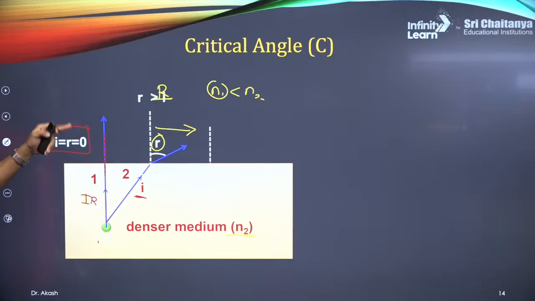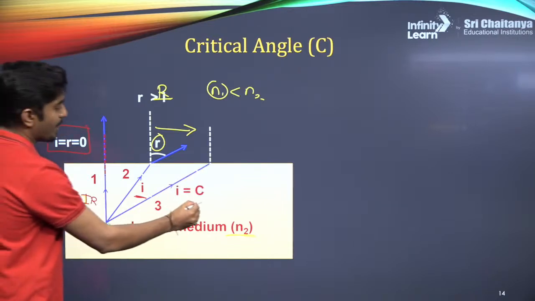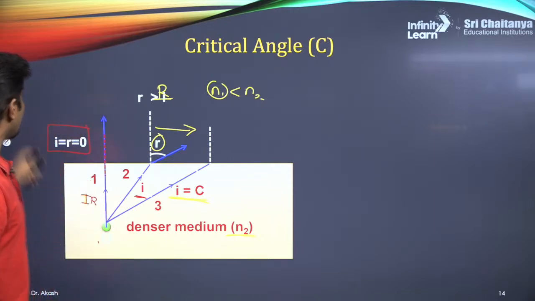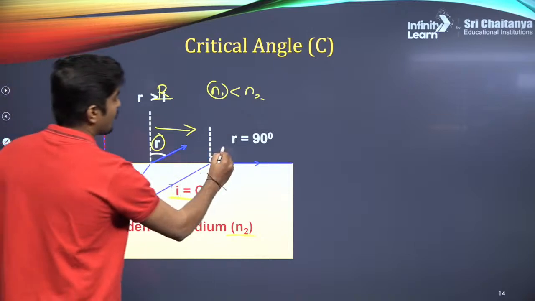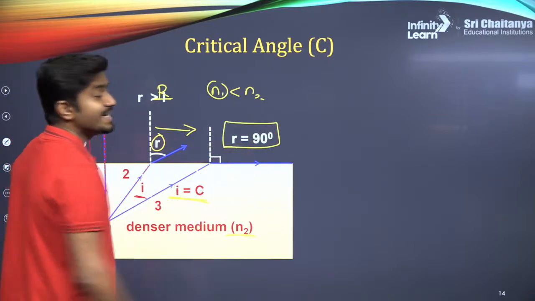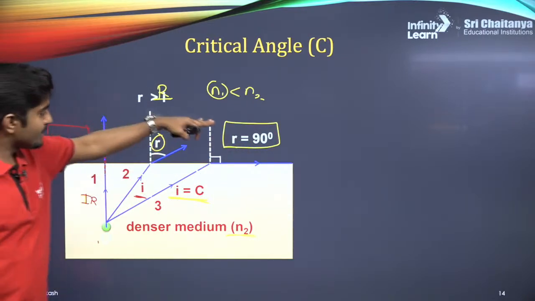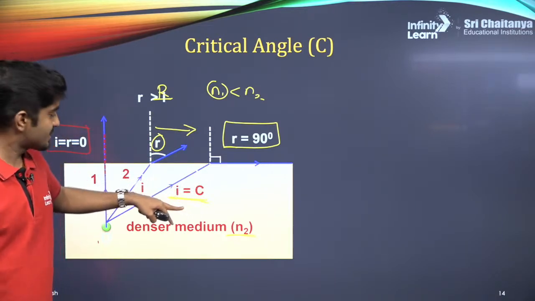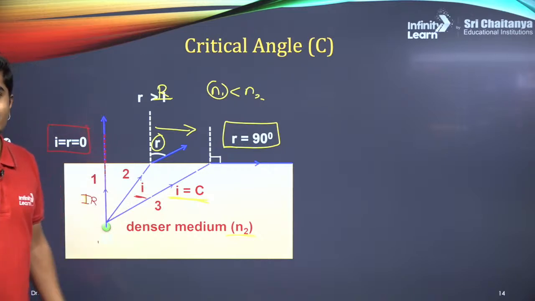But there will be a case in which for a particular angle, which is called the critical angle, the angle of refraction will become 90. So for this angle, the angle of incidence is called the critical angle.